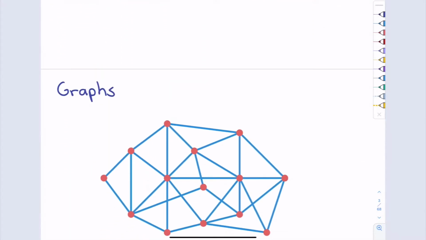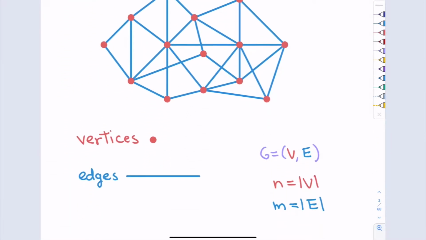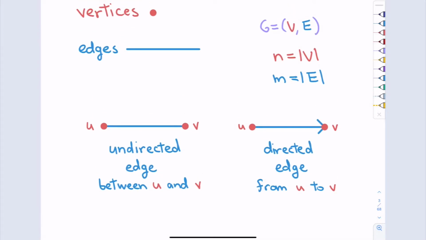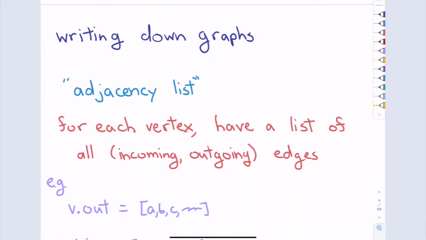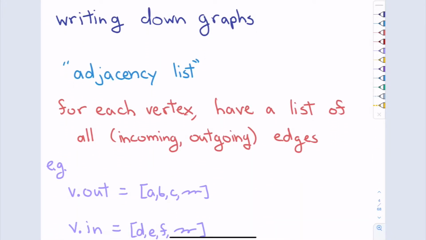Okay, so we know what graphs are. Edges can be undirected or directed. Last time they're undirected, this time directed. Okay, and I think you have probably been introduced to how graphs are represented.